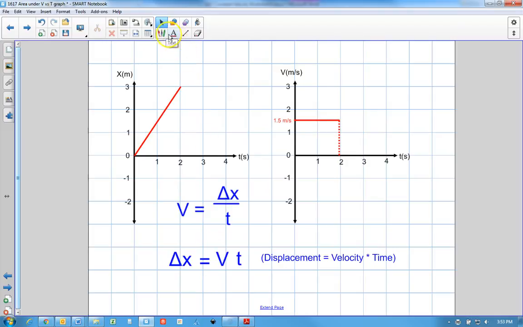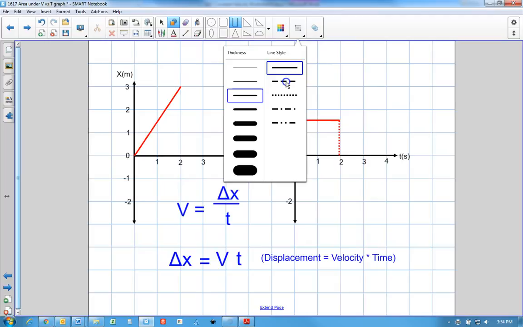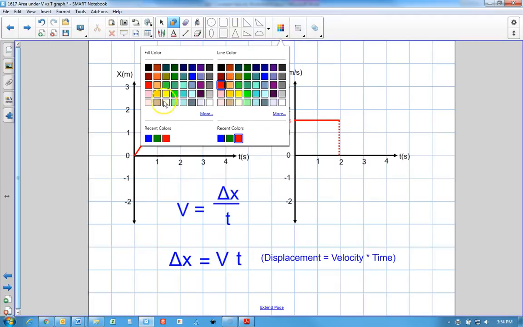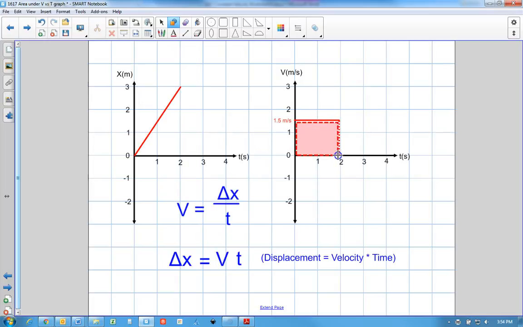The other thing that I want you to see is I'll go ahead and make a little box to represent this. The area of this region right in here, this box, is 1.5 meters per second tall and it is 2 seconds wide. The area of this box is the same thing as the displacement.